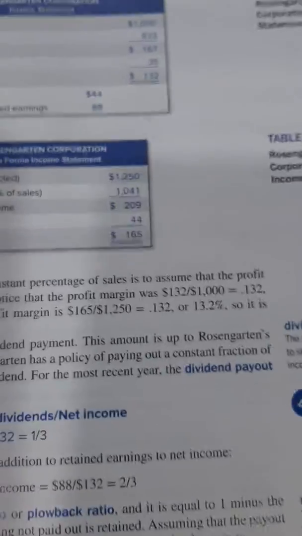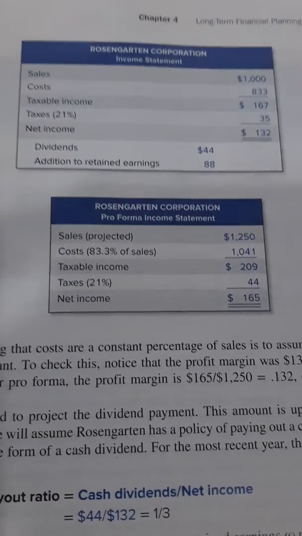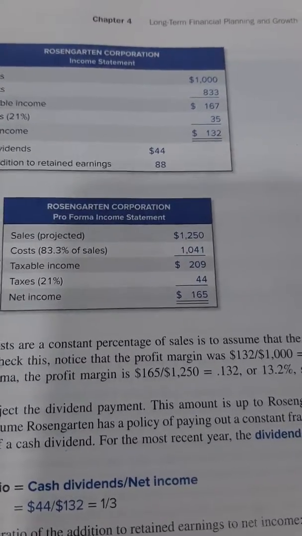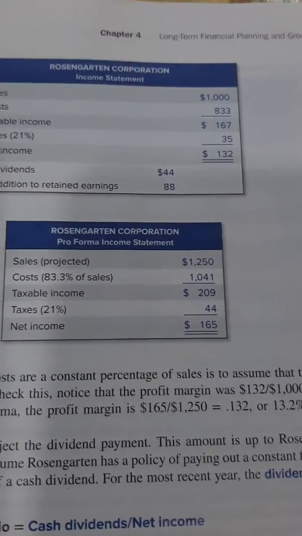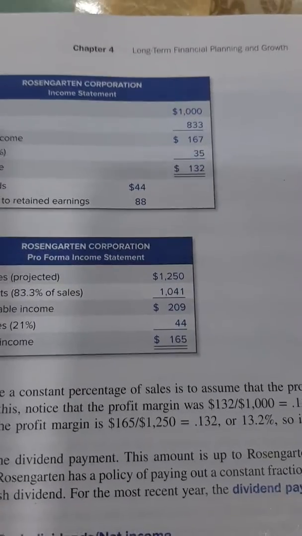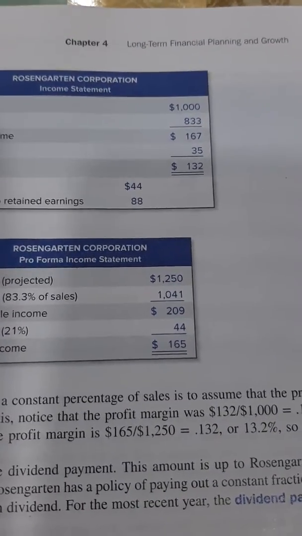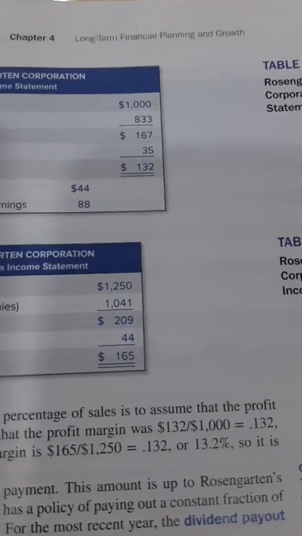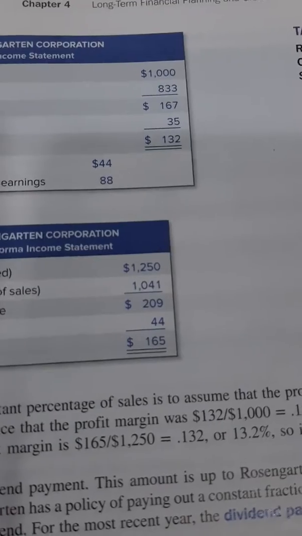Okay, so this is how you come up with all these figures in table 4.1. Oh, I forgot one thing. During the first part of our lecture, I mentioned items that change with the increase in sales. Some of the asset items will increase.